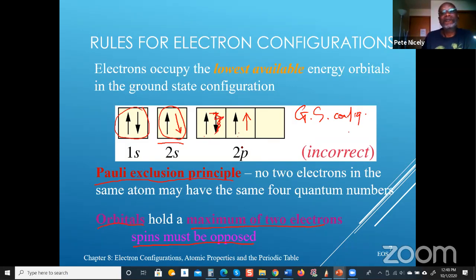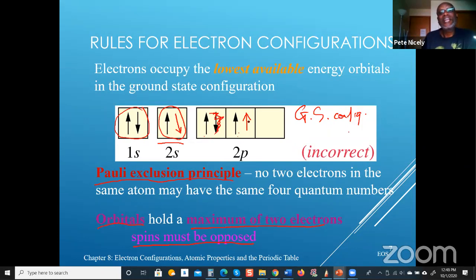And there's actually a reason for that, and it has something to do with physics and electromagnetism. Basically, when you have electrons spinning in opposite directions, they generate magnetic fields which will result in the electrons being attracted to each other. If they're spinning in the same direction, then they're generating magnetic fields which will repel each other.